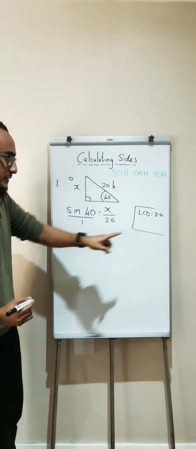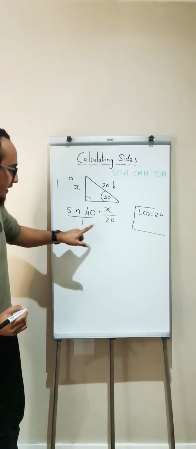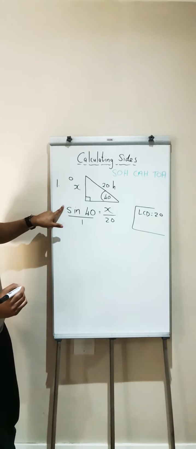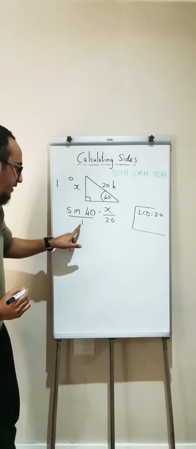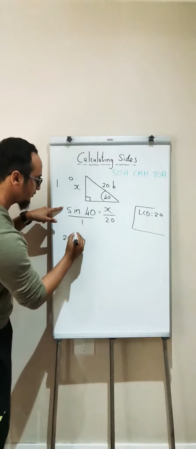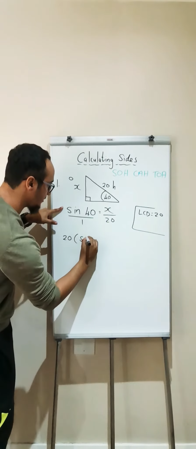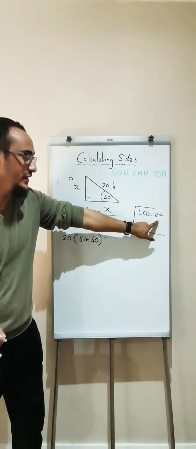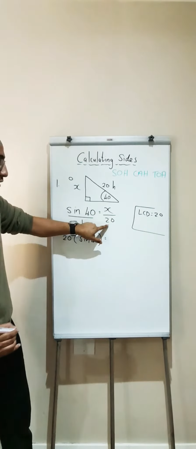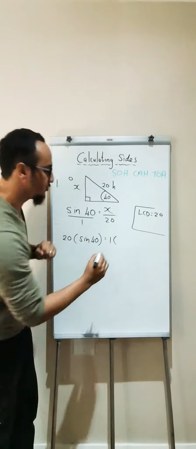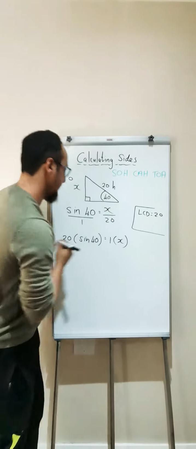So firstly, remember, 20 divided by my denominator multiplied by my numerator. So 20 divided by 1 is 20 multiplied by my numerator. That is sine of 40 is equal to 20 divided by 20 is 1. 1 multiplied by my numerator, which is x over here.